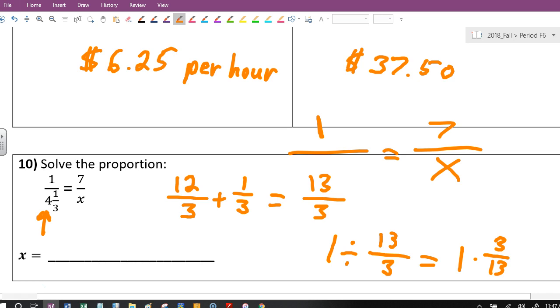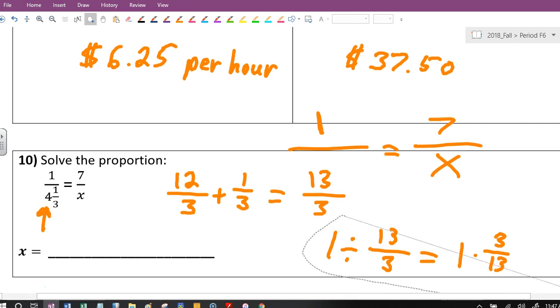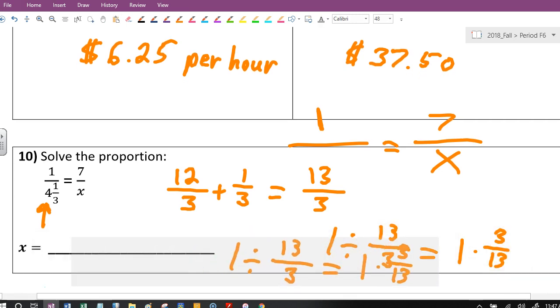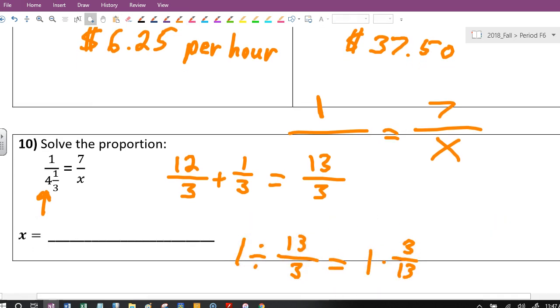Oh, so it's the reciprocal. That's an interesting way to solve this problem. I like that, even though you missed a step there. So now, instead of 1 over 13 thirds, we have 3 over 13 equals 7 over x.